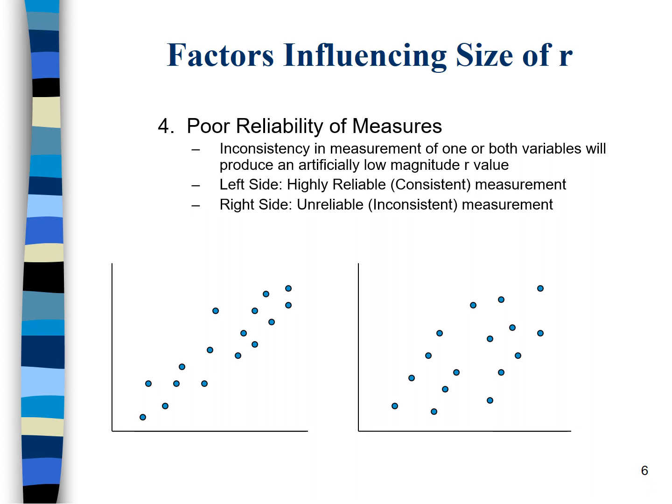If we have a truncated restricted range, we're going to get an artificially lower magnitude. And if we have poor reliability, we're going to get an artificially lower magnitude value of R. The only factor that leads to an artificially higher magnitude, or an inflation of the magnitude of R, was factor 3, when we had that discontinuous range of values.